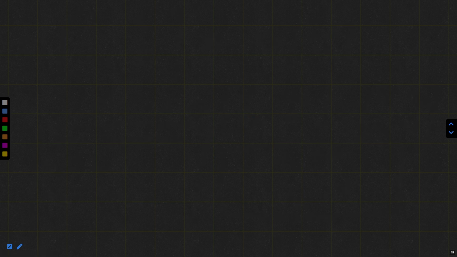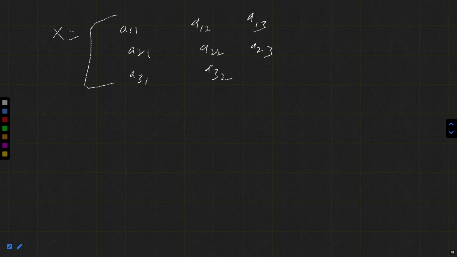Now what about the 3 cross 3 matrix, A11, A12, A13, A21, A22, A23, A31, A32, A33? This will also give you diagonal entries 0, as you all know.